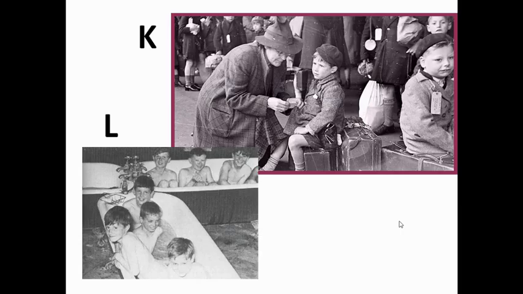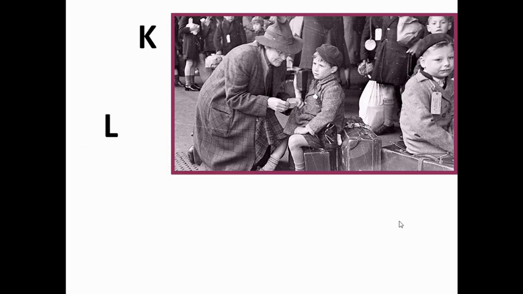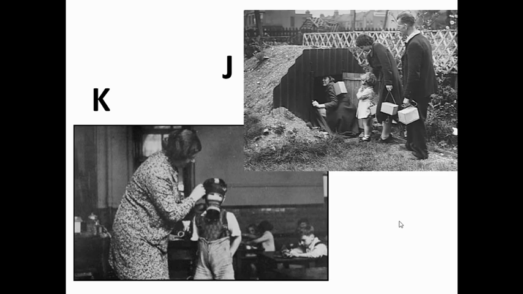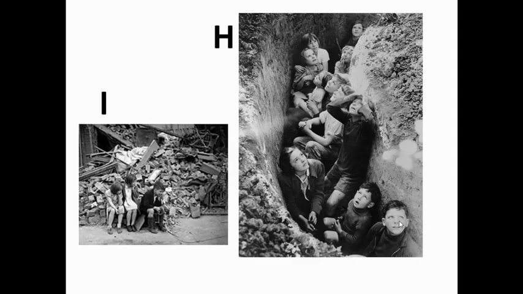There wasn't any evacuation in World War One, there weren't any gas masks, and there weren't any air raid shelters. There were some air raids in World War One, but not many, and there were some deaths caused, but much fewer than in World War Two.